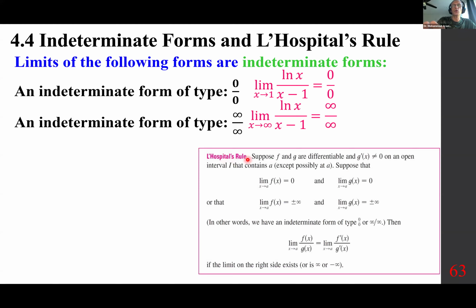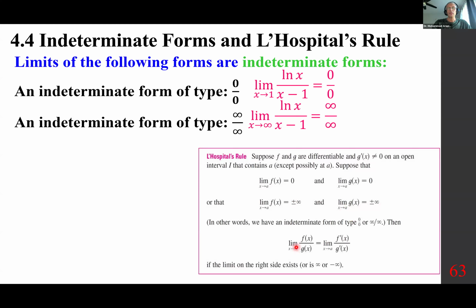L'Hopital's rule. Suppose f and g are differentiable and g prime is not equal to 0 on an open interval I that contains a, except possibly at a. Suppose the limit of f of x as x approaches a is 0 and the limit of g of x as x approaches a is also 0, or the limit of f of x is positive or negative infinity and the limit of g of x is positive or negative infinity.